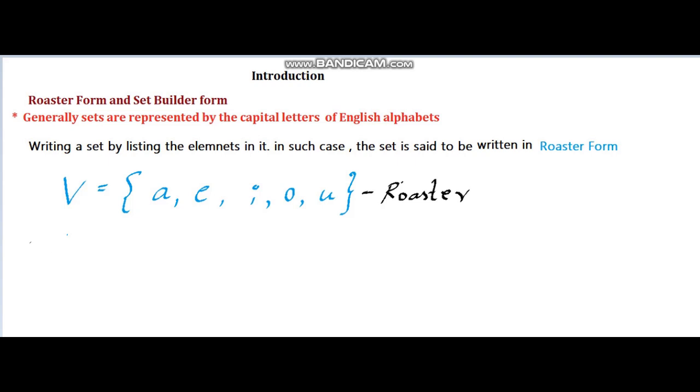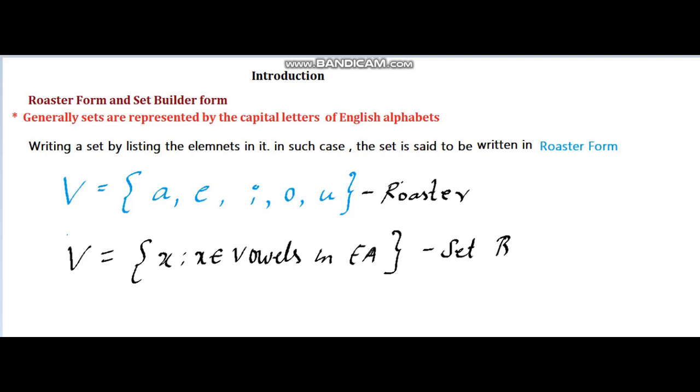See here, V equals X such that X belongs to vowels in English alphabets. This is called set builder form. Do you understand what set builder form means? We are representing the elements with a particular rule.